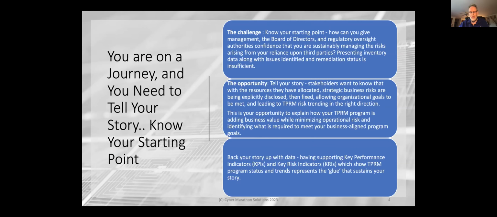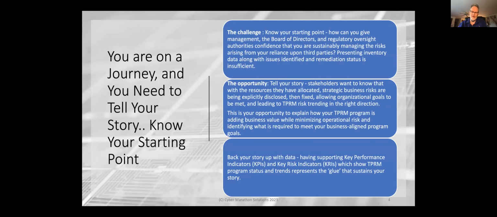So while you tell your story, you'll also need to back that story up with data. And as we go through this course, and as we get to other modules of it, we're going to talk a lot about key performance and key risk indicators. And when you think about backing your story up with data, it's really important to understand that that data shows trends.